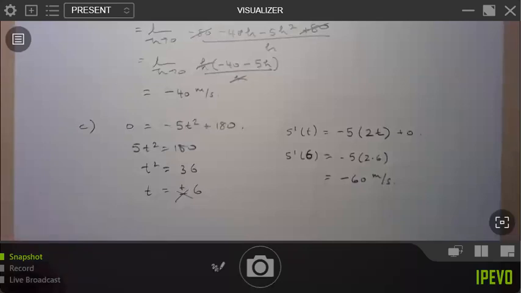Anything else? No. All right. Let us move on to 56. Let's go to 9C. So find the values at which the function is discontinuous.